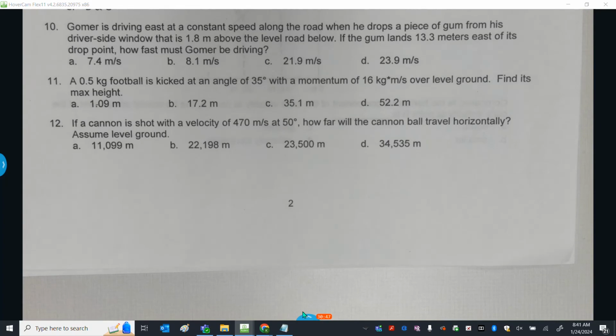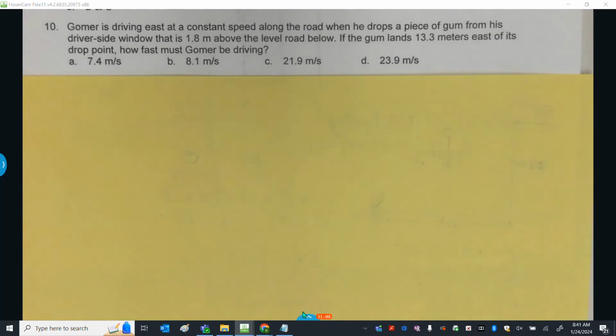Because when the question says that the gum lands 13.3 meters east of its drop point, how fast must he be driving? If we solve for the initial velocity of the gum, that's also his initial velocity because he was holding it, whenever he dropped it.